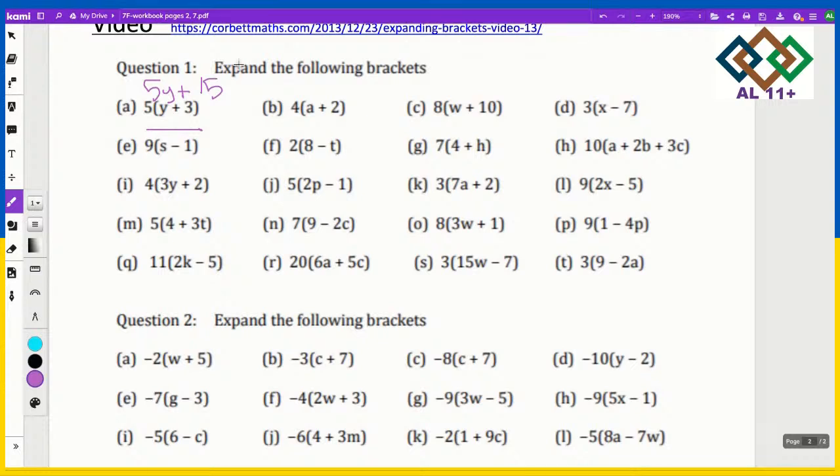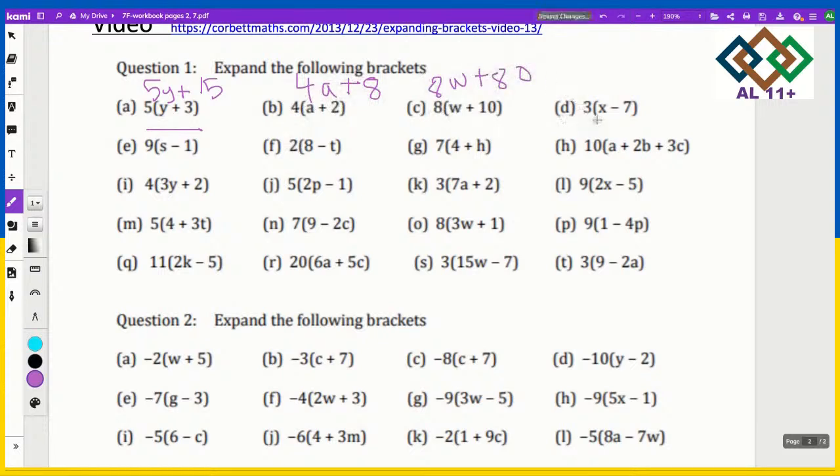Let's do it then. So 4 multiplied by A is 4A plus 4 multiplied by 2 is 8. So we get 4A plus 8. Same thing with C. 8 multiplied by W is 8W plus 10 multiplied by 8 is 80. We got that.